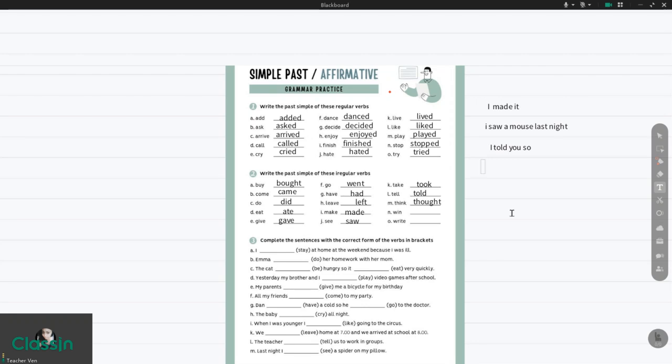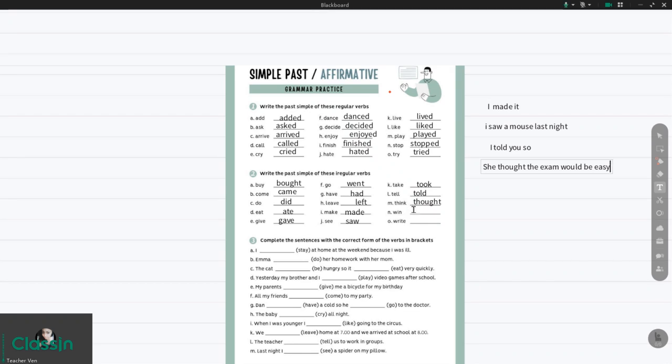She thought the exam would be easy, right? She thought the exam would be easy. So that's it, right? We use the word thought in here. Okay. So our next verb, rather, is win.